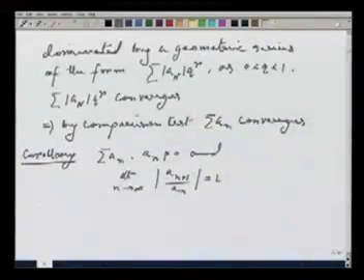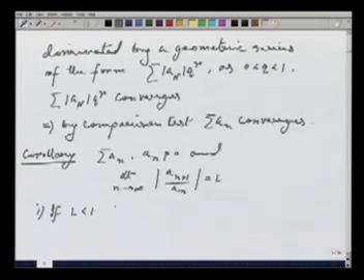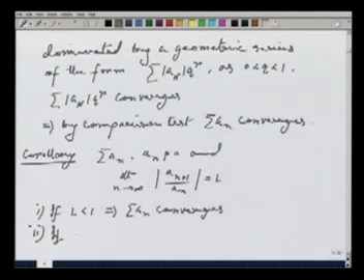Then, number 1, if L is less than 1, this implies summation an converges. Number 2, if L is bigger than 1, then summation an diverges.